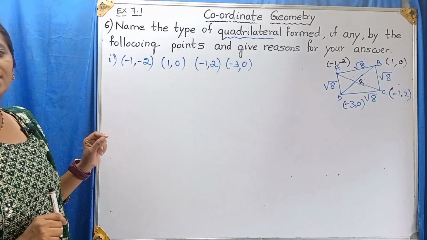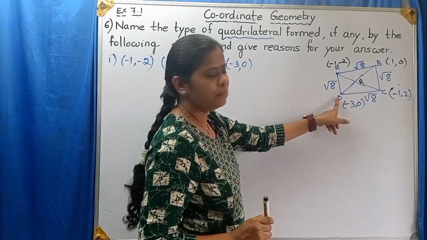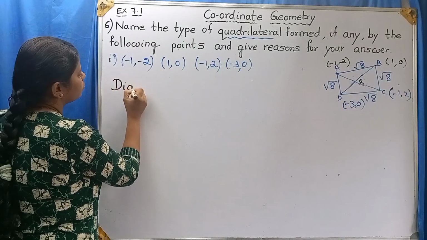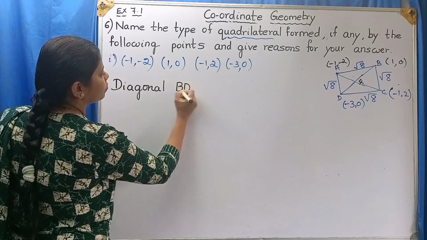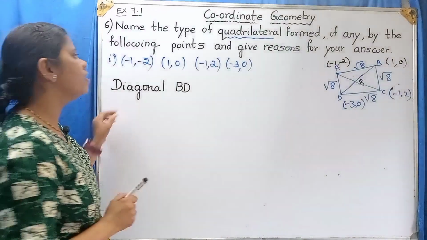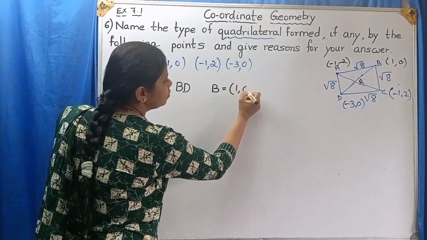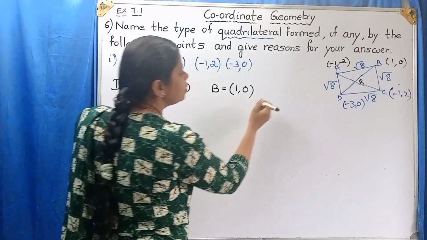Now let us find out the distance of the diagonal BD. Diagonal BD. The coordinate of B is 1, 0, and the coordinate of D is -3, 0.